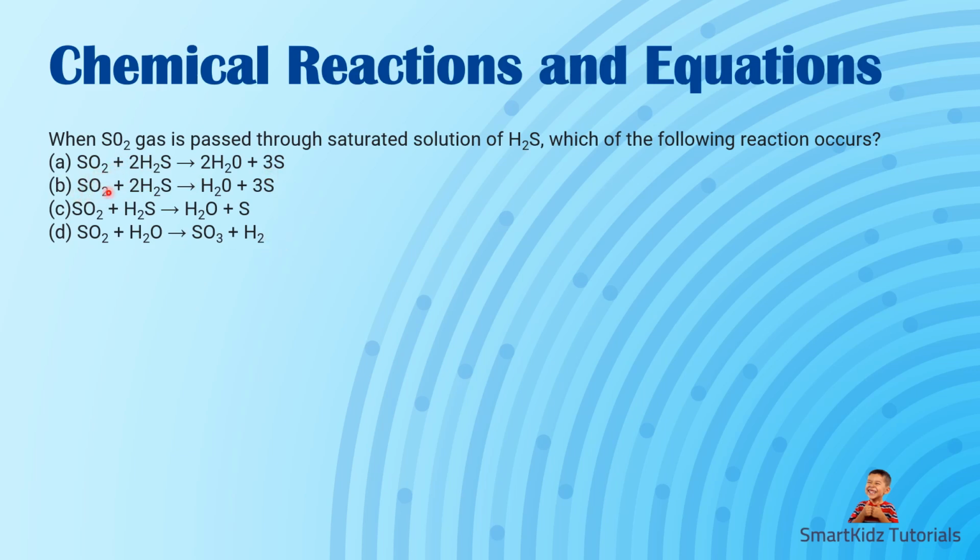So sulfur dioxide gas reacting with hydrogen sulfide, and you'll have to balance it to find out which one is the correct one. We'll now see which one is correct. It is A, which is sulfur dioxide gas reacting with hydrogen sulfide to give you water and sulfur. You see it is balanced over here. This needs to be balanced and then you'll get the correct answer.